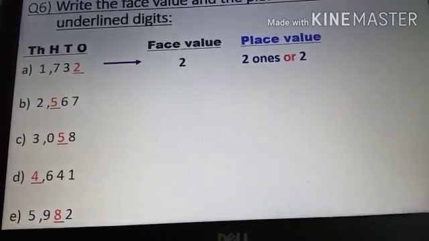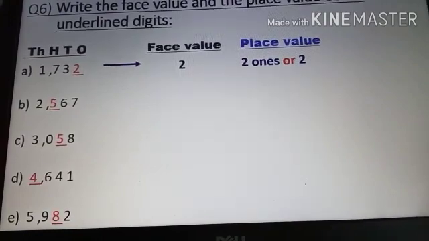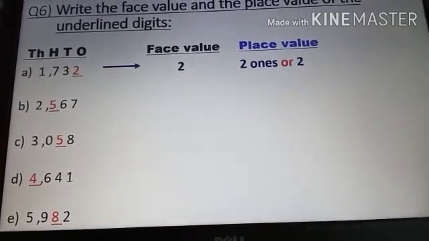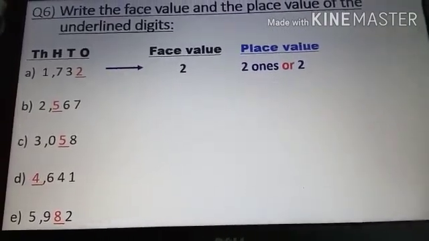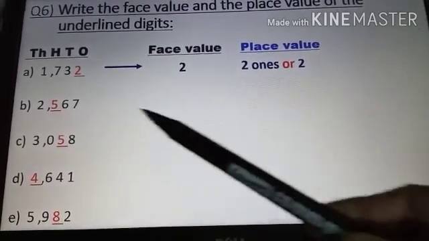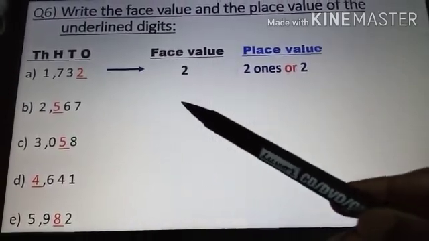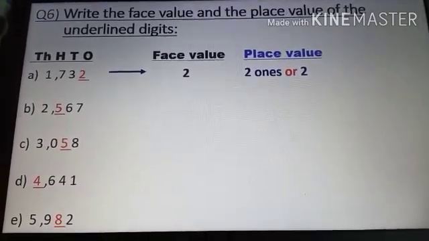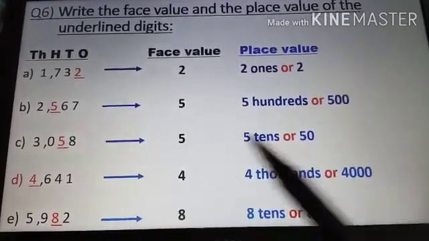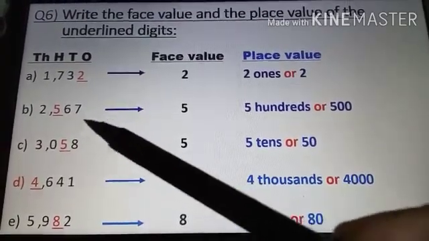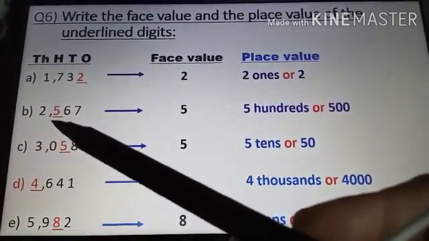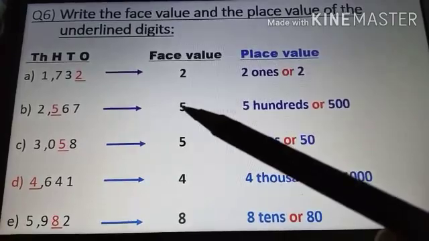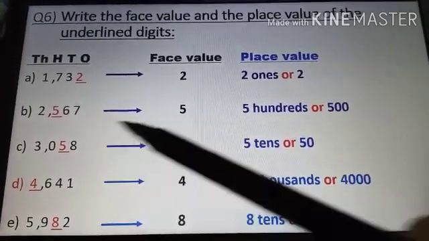In question number B, 2567, which digit is underlined? It is your digit 5. So we have to find the face value for digit 5 and the place value for digit 5. The face value will be the same, 5.